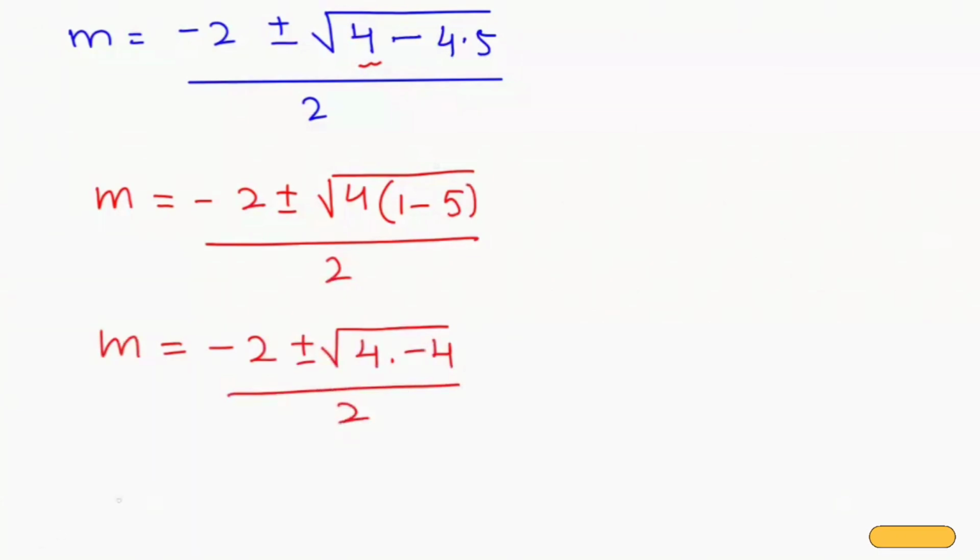Next I am going to apply the radical rule, that is n root of a times b can be written as n root of a times n root of b. I'm going to write this in separate roots. m is equal to minus 2 plus minus root of 4 times root of negative 4 over 2.